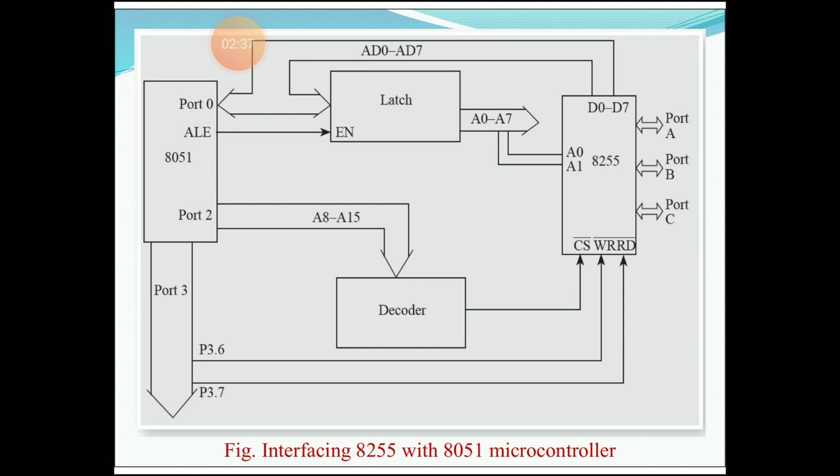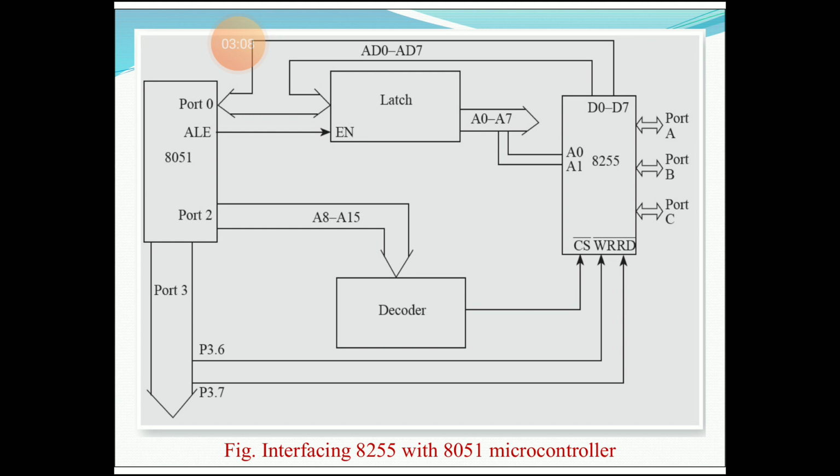From this diagram, port 0 of 8051 carries lower order address and data lines. Port 0 can be used as either 8 address lines or 8 data lines, depending upon the ALE signal. When the ALE signal is logic 1, it enables the latch, and the latch stores the address from port 0.